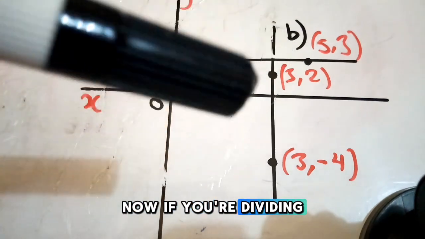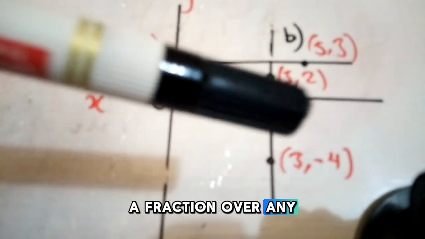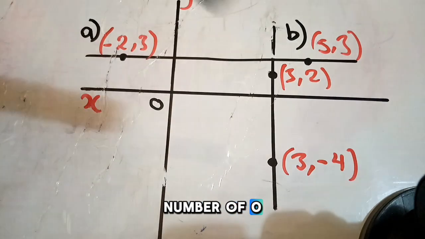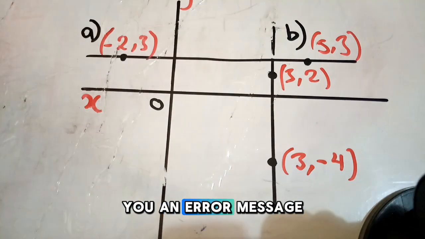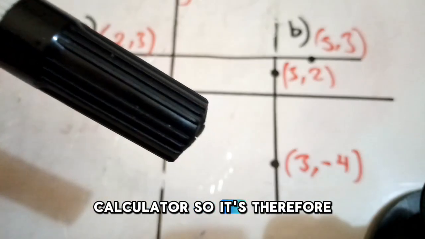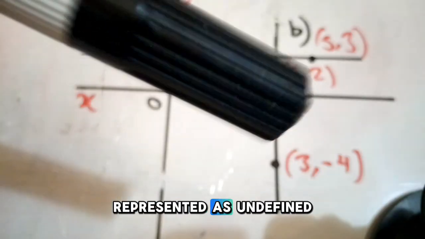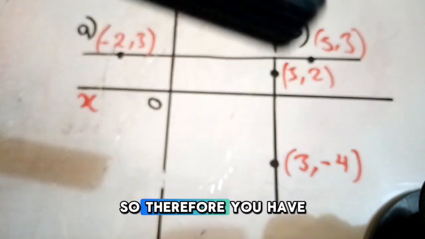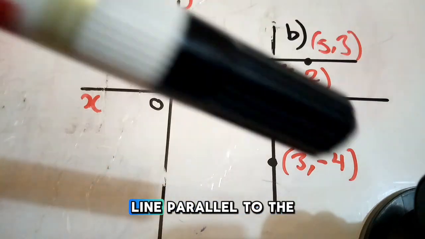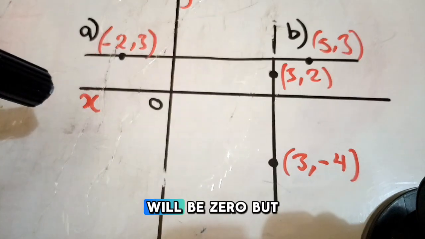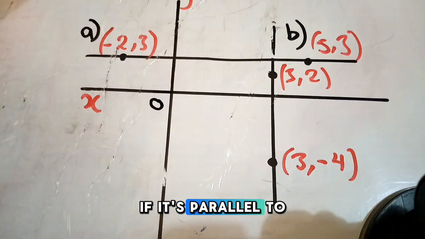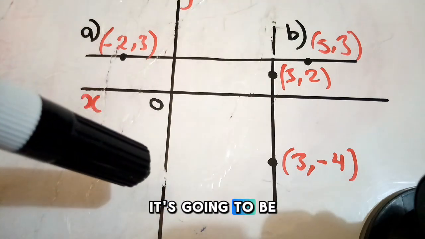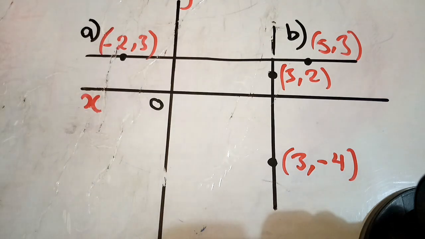Now, if you're dividing any number over 0, it will obviously give you an error message on the calculator. So it's therefore represented as undefined. So you have to know the gradient of any line parallel to the x-axis will be 0. But if it's parallel to the y-axis, it's going to be undefined.